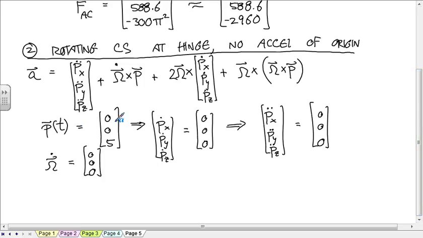To me, this is the easiest way to think about it mathematically: recognize that 0, 0, 5 is actually the position as a function of time. That position vector never changes. But if you also think of components dot and components double dot as the observed velocity and acceleration, think about what that motion looks like in a camera mounted and rotating on the hinge.